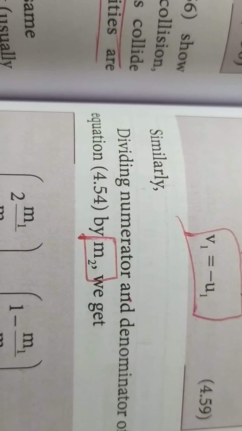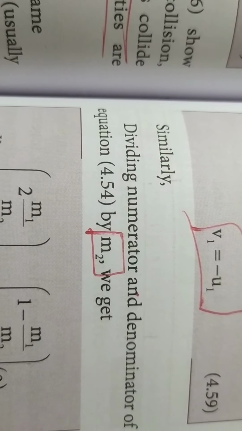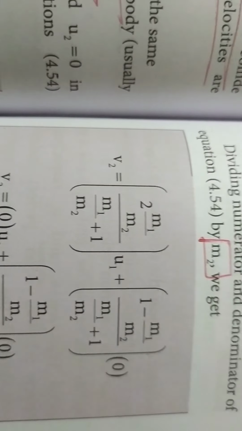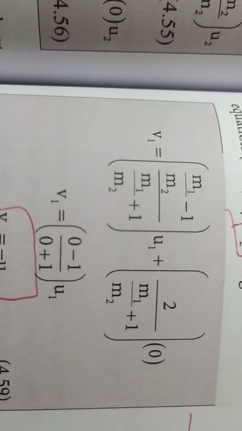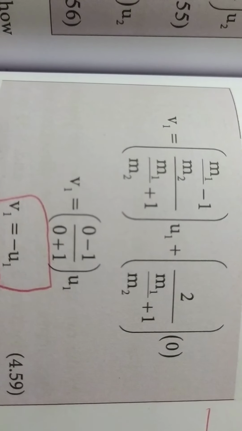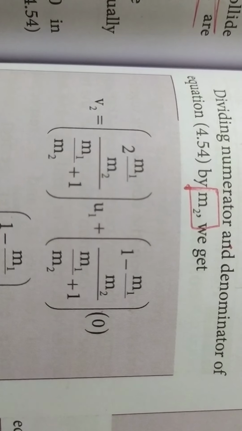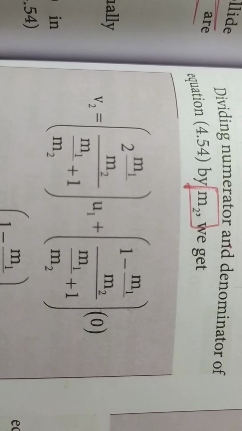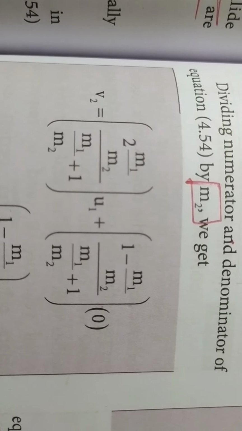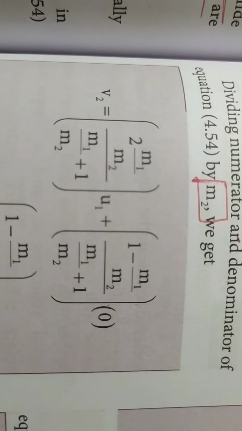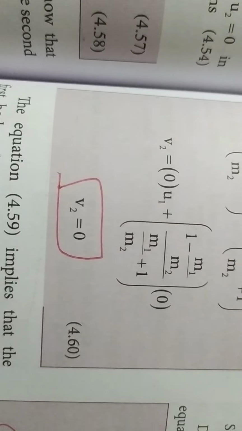So if you take the example of a ball and wall, you can understand this derivation clearly. First you take the final velocity V1 and divide each and every term by m2, and likewise the final velocity of the second object, and applying the condition m1 by m2 is equal to 0, you will arrive at this conclusion.